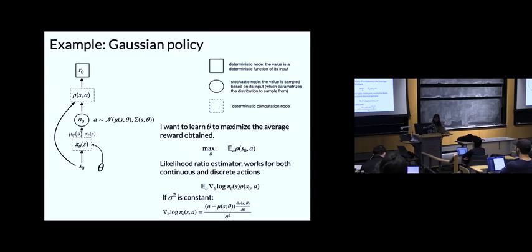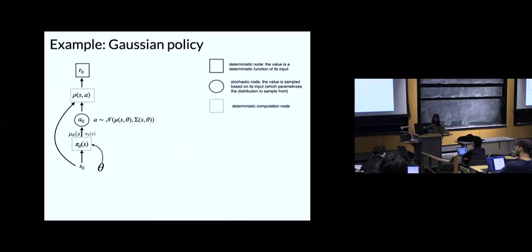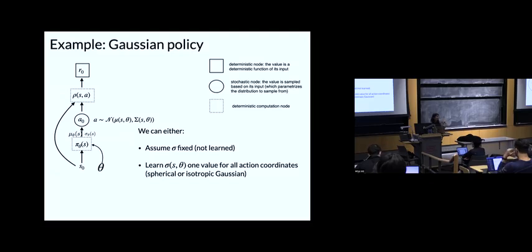Okay. Now let's see. So the alphas are sampled from a Gaussian distribution. Now, it is exactly what I told you. Either you assume sigma is fixed and not learned, or you say, okay, I'll also learn the sigma, but let's assume for simplicity that I have one variance for all my action coordinates. Or you say, no, I want a different sigma i for every coordinate, and I want my network to spit out mu for each action coordinate.